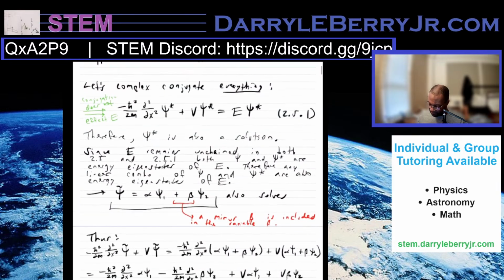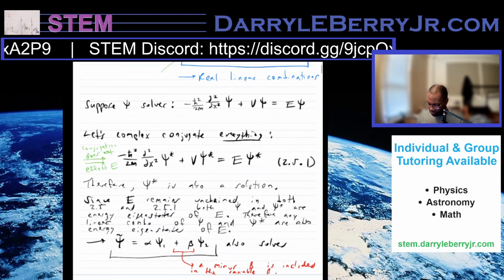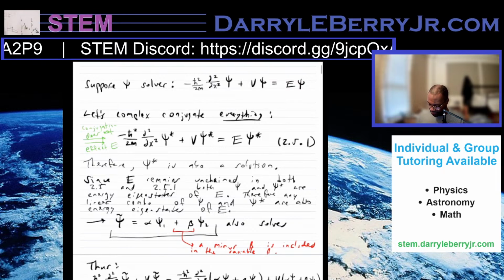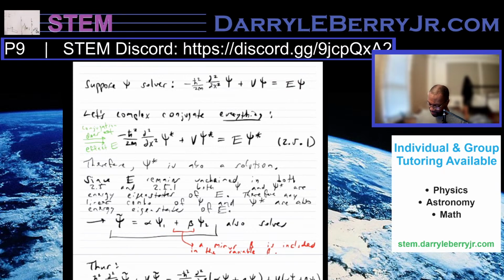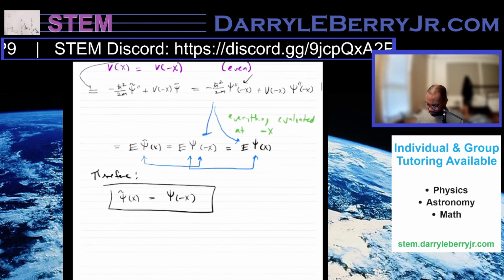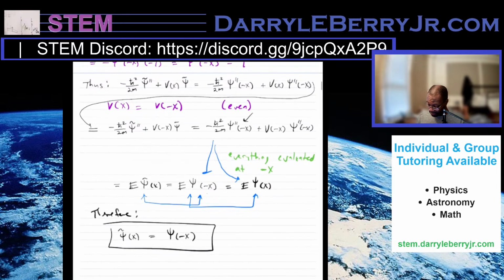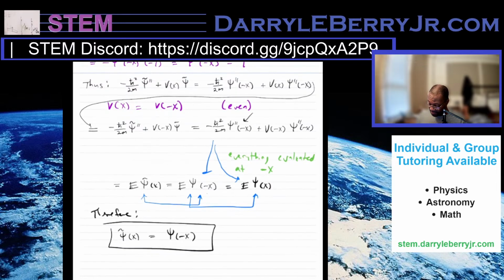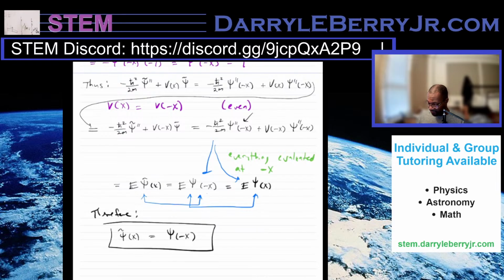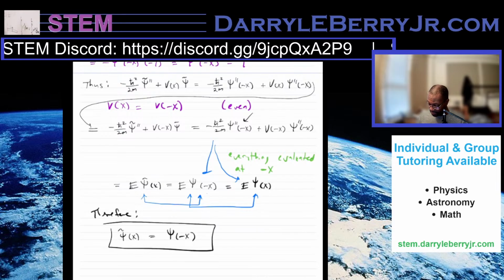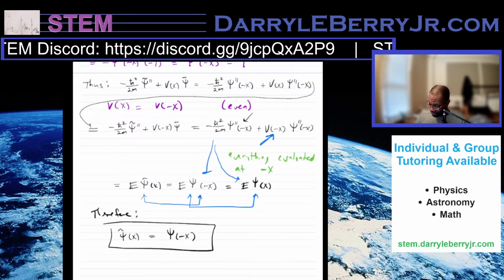If two different equations give you the solution to the same energy eigenvalue, we can use a linear combination. So basically, alpha psi 1 gave me a solution, beta psi 1 gave me a solution, so I can linearly combine them. And also what they're saying is if this psi of negative x gives a solution to the same energy eigenvalue as psi of regular x, then it also gives the same solution if you put a negative x up in there.